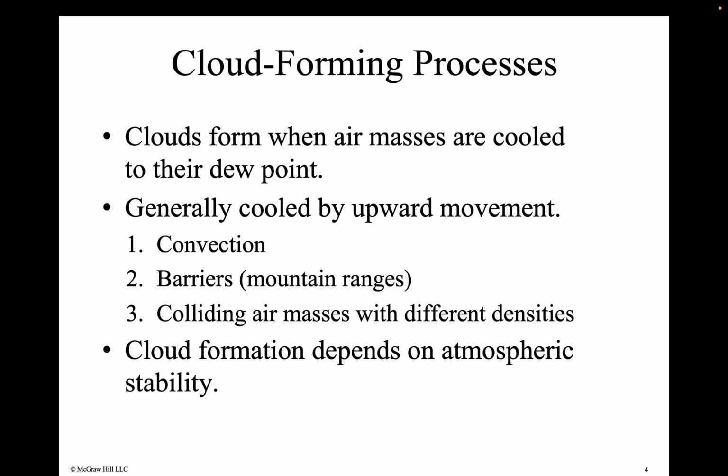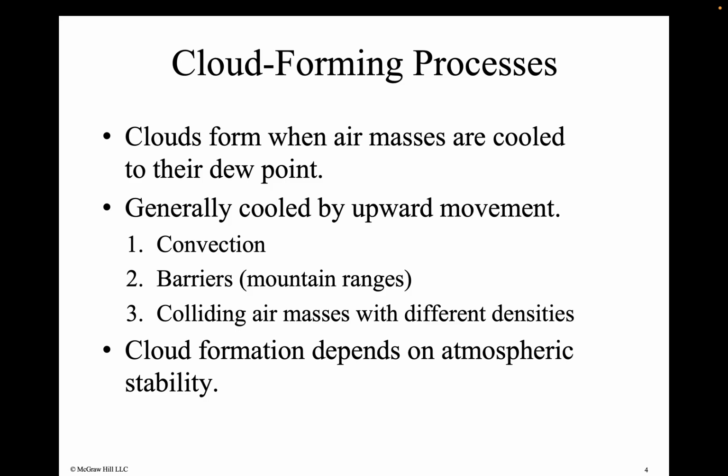And when this parcel of warm air is pushed up, it expands and becomes cooler. Okay? What will happen to that parcel when it reaches a certain point in the atmosphere will depend on the density of that parcel and the temperature of the surrounding air. Those two things in combination.